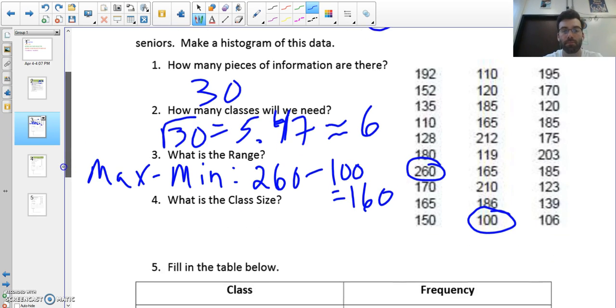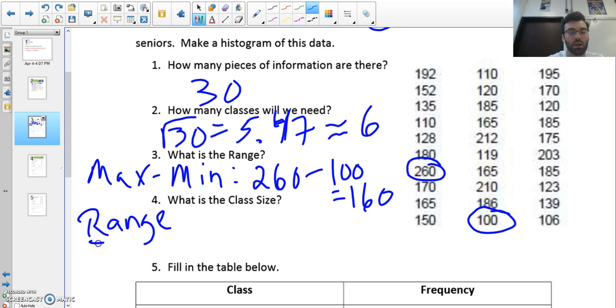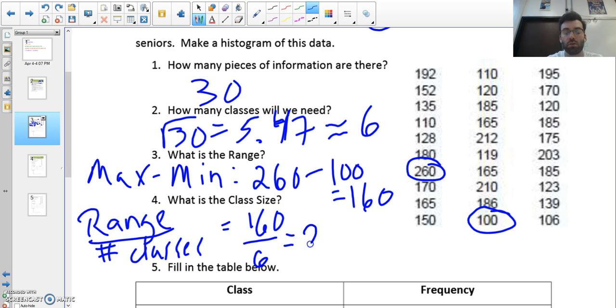To determine the class size, I do the range divided by the number of classes. So I do 160 divided by 6, which is 26.7, which we'll say is 27.